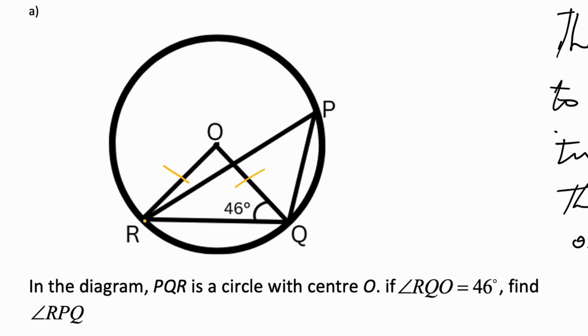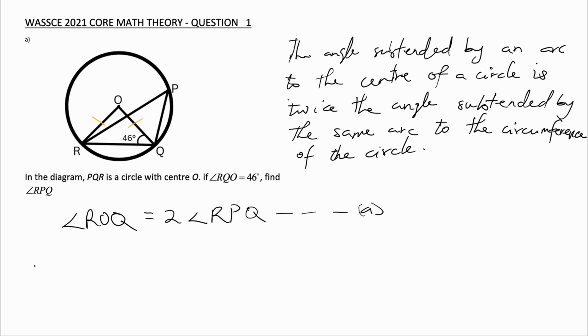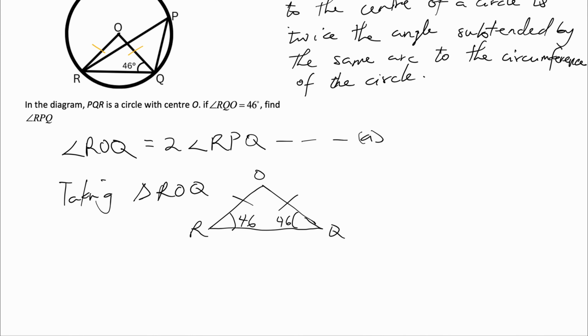Now let's take triangle ROQ. If this line is the same as this line, then this angle is the same as this angle. We know that angle is 46, so if here is 46, then here will also be 46. The sum of interior angles of a triangle adds up to 180.